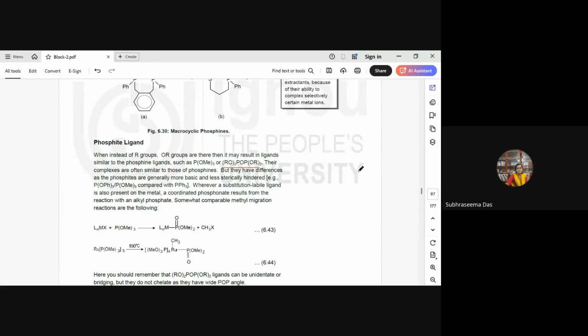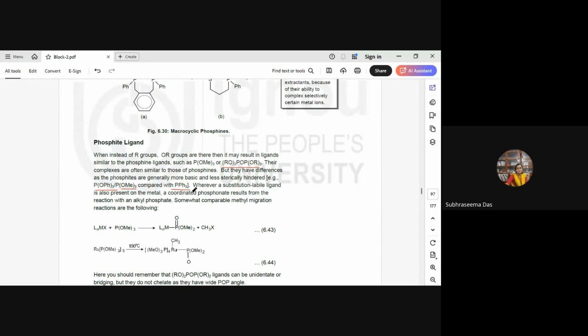What are the differences? The phosphites are generally more basic and they are less sterically hindered, that is, they have less steric hindrance. When we talk of a phosphine, we know that the phosphine ligand is PPh3, so here three phenyl groups are present. But when we talk of a phosphite ligand, it may be P(OPh)3 or P(OMe)3.